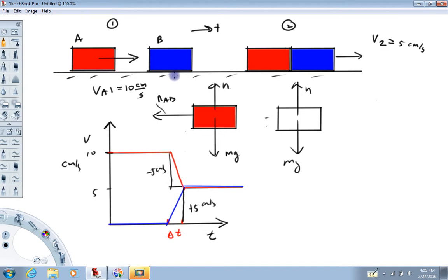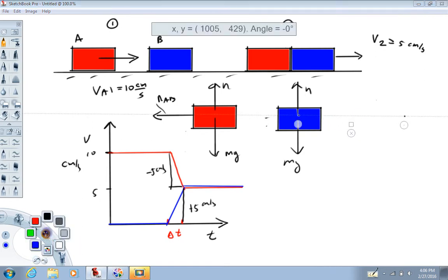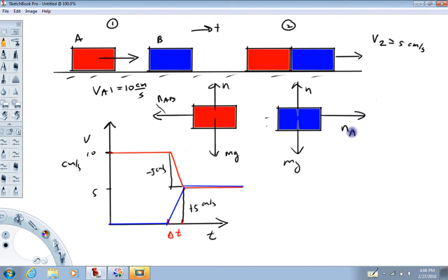And very important to realize, this normal force that occurs between A and B, it's left on mass A, or on the red guy, but that same force is to the right on mass B. I'm going to put that force vector in, NAB.